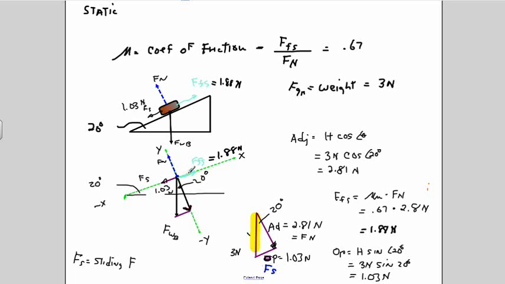So back to our original problem, we tried to find out, based upon how this object slides, we had to find a mu.